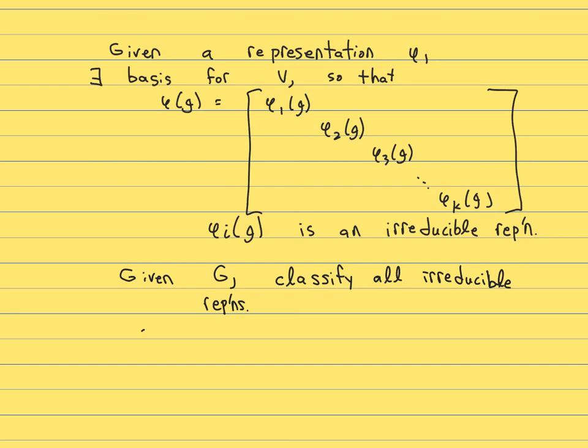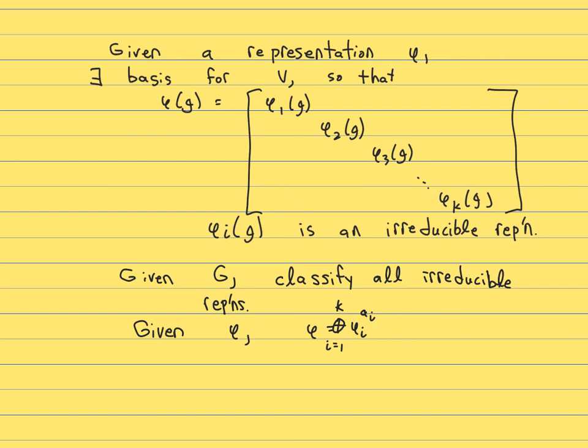And then given an arbitrary representation, you know that somehow you can rewrite it as this direct sum, where i goes from 1 to k, where there are k irreducible representations.